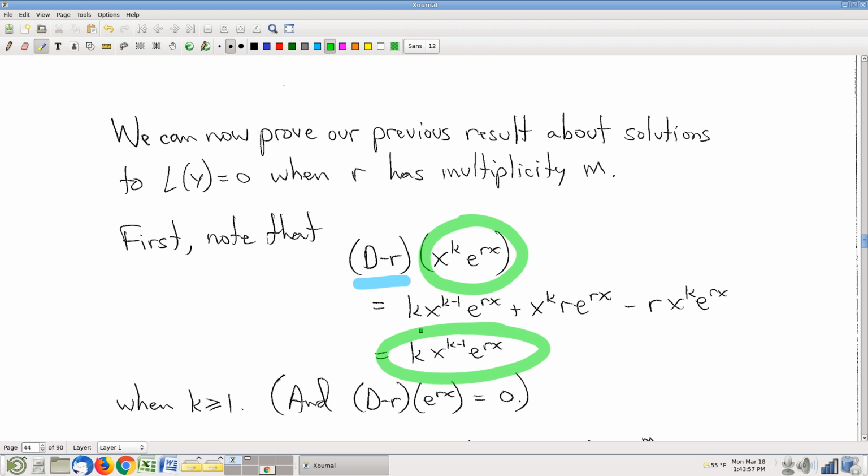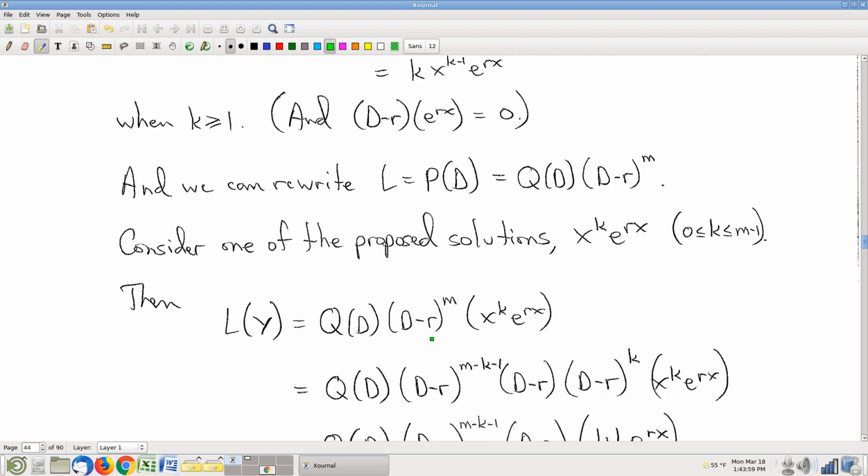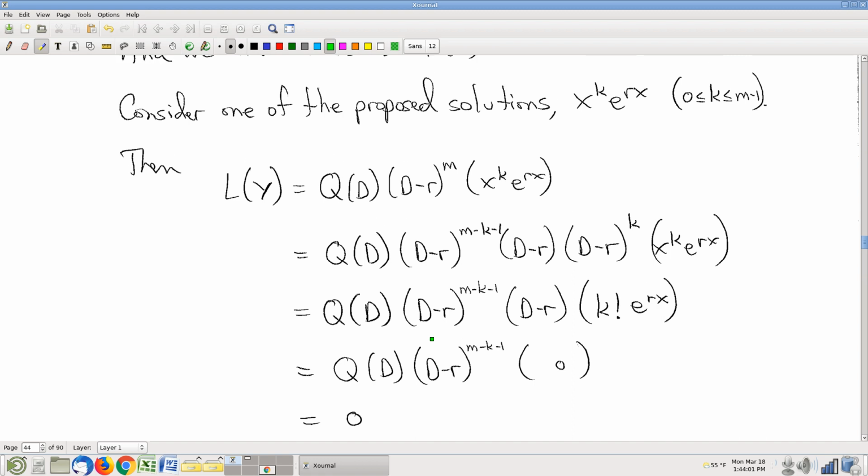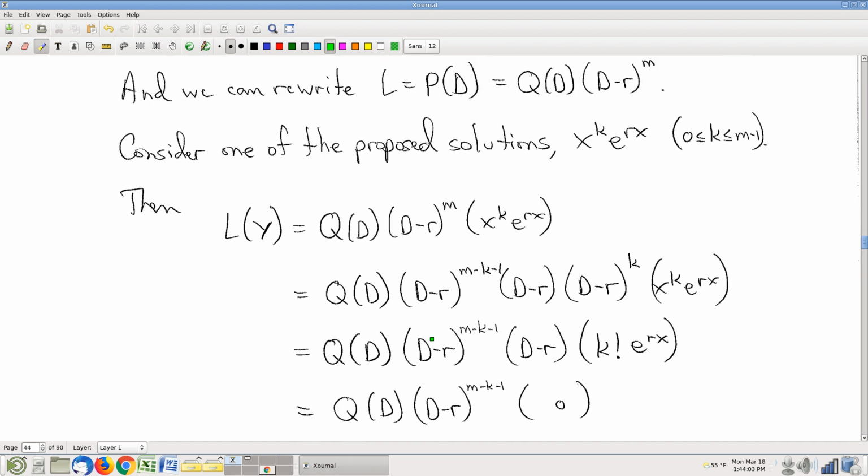So with that in mind, here's the situation that we were considering back in 4.2. What if your characteristic polynomial, that we now understand as being really just part of L, has inside of it a repeated root? In other words, what if there's a factor of D minus r that's repeated m different times in the multiplicity?